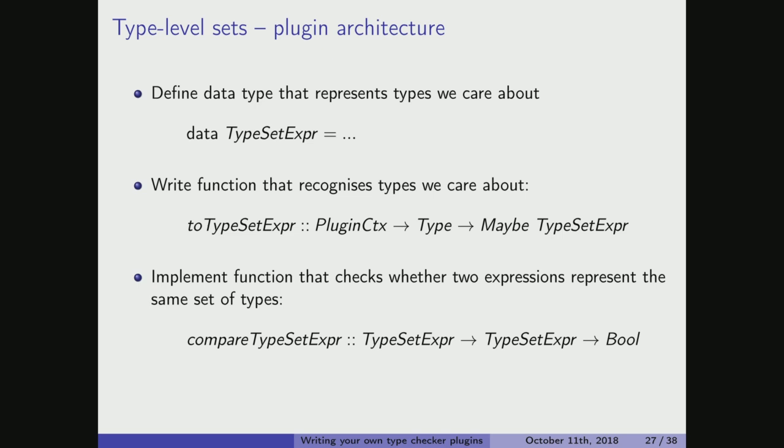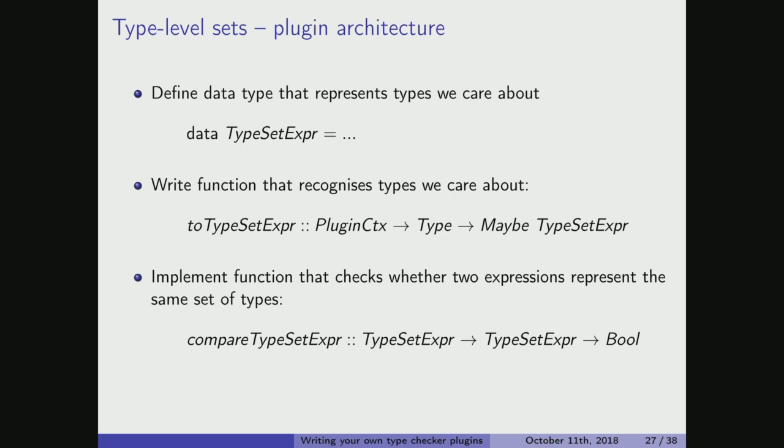So the general pattern that you see in these kinds of type checker plugins is that we don't care about all types that GHC gives us, because we focus on some small domain. So we have this data type, our representation for just those types that we care about, in a format that we can deal with a bit better than the type that GHC gives us.